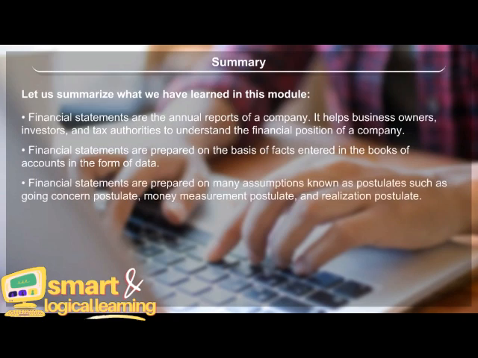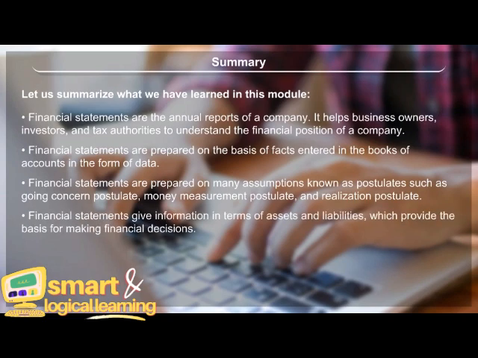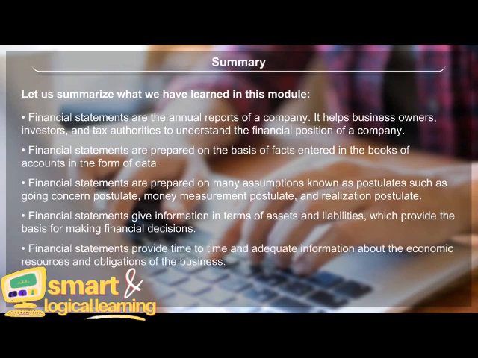They are prepared on many assumptions known as postulates, such as going concern postulate, money measurement postulate, and realization postulate. Financial statements give information in terms of assets and liabilities, which provide the basis of making financial decisions. They provide timely and adequate information about the economic resources and obligations of the business.